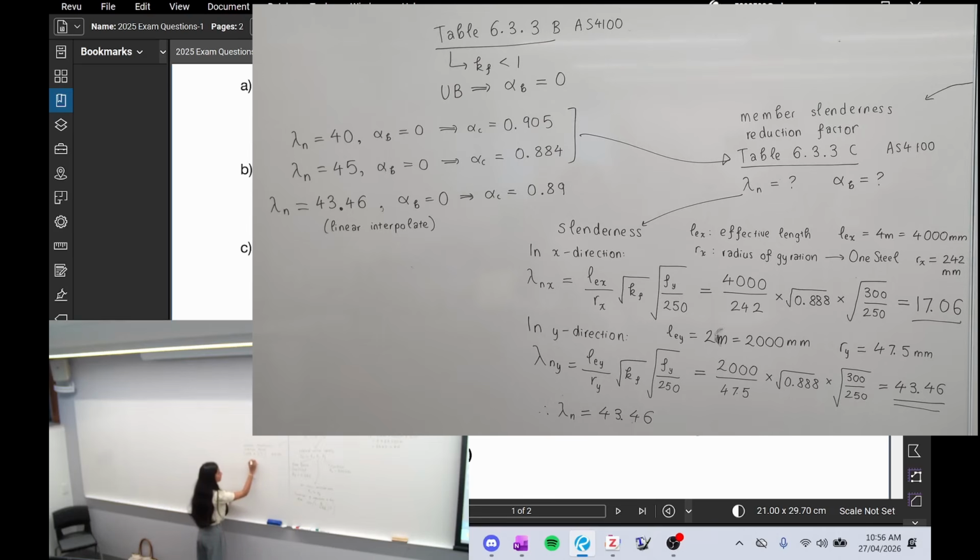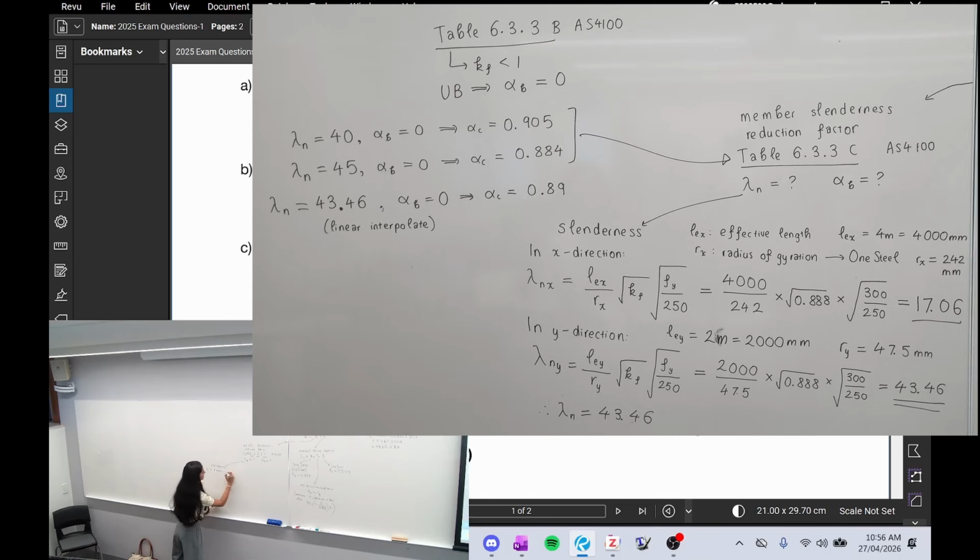You need your slenderness, and you also need this other constant, which is called alpha B. We need to find these two, and then we can use the table to figure out alpha C. For the slenderness, we want to find it in both the x direction and the y direction, because for a compression member you can have stuff happening in both directions, so it can buckle both ways. It's important that we test both directions because you don't know which way it's going to fail.